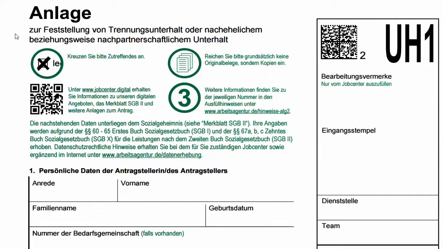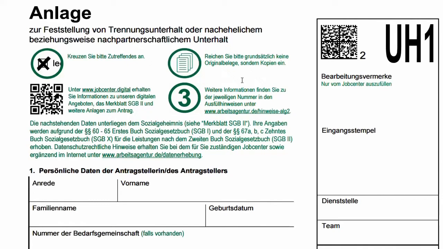Actually, this form is made up of 2 parts. The first part is on the left side of this application form, and this part from the beginning till the end of this application you fill it in by yourself or someone else fills it in for you.